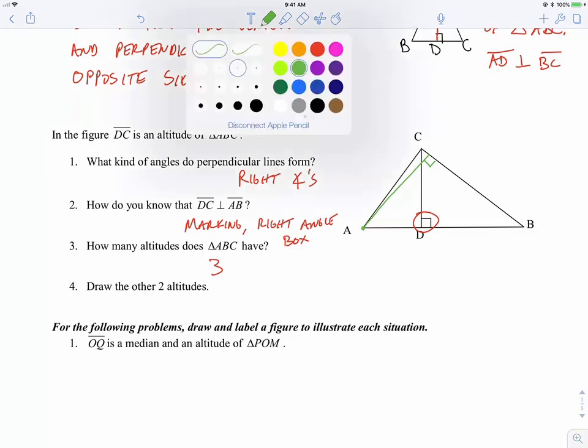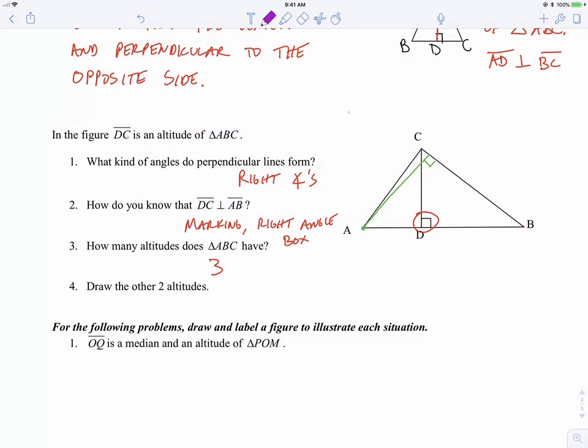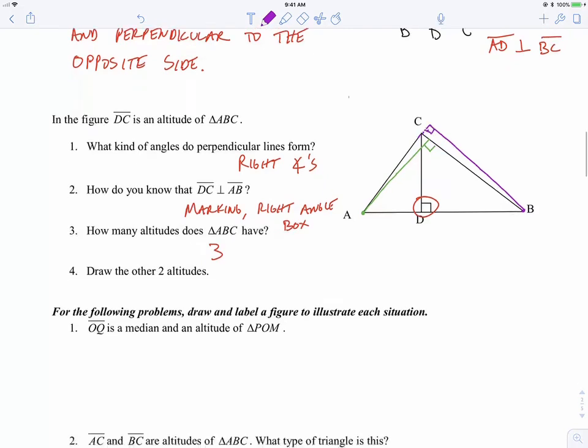So there's one of them. Then the other one, if I started at B, again, it sort of looks the same. But this one looks like maybe it would go outside the side a little bit. So it would be like right there. And typically what we do is we just do a dotted line there to show that it extends out. So that would be those altitudes.